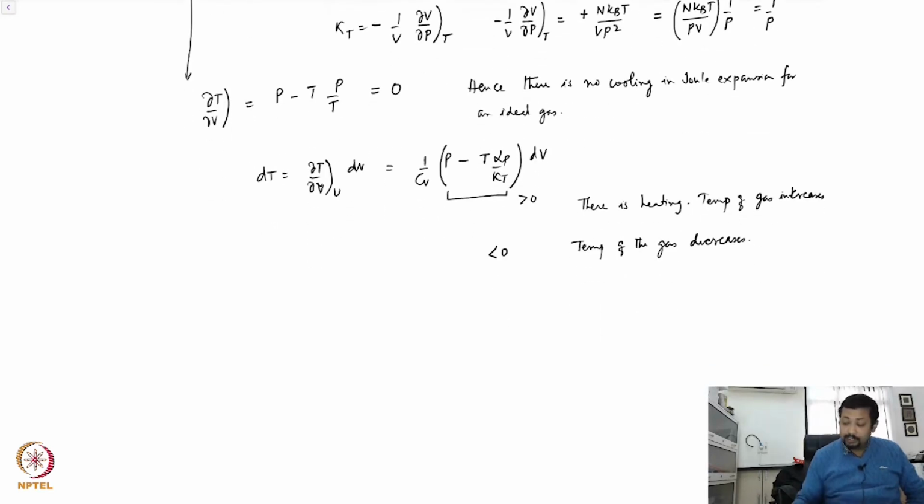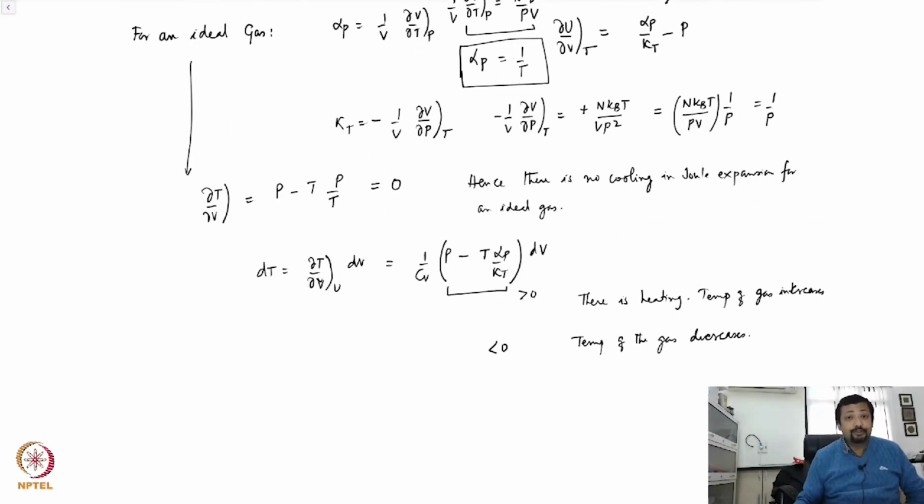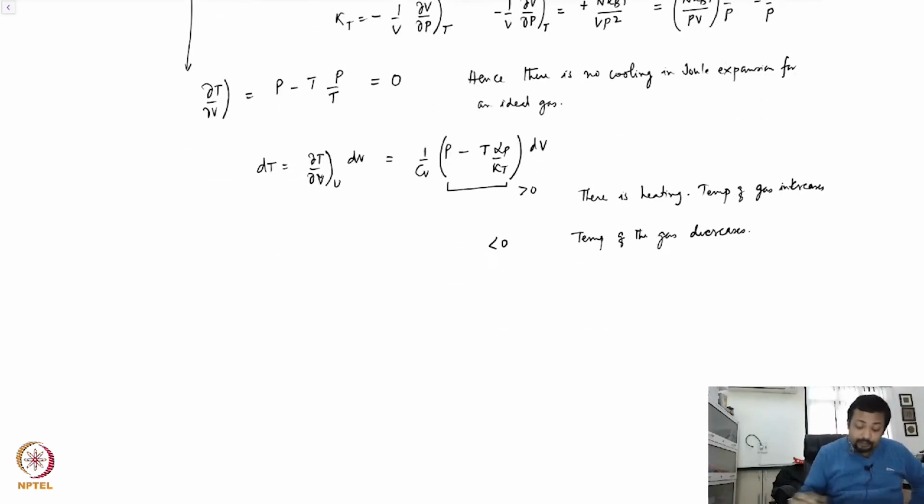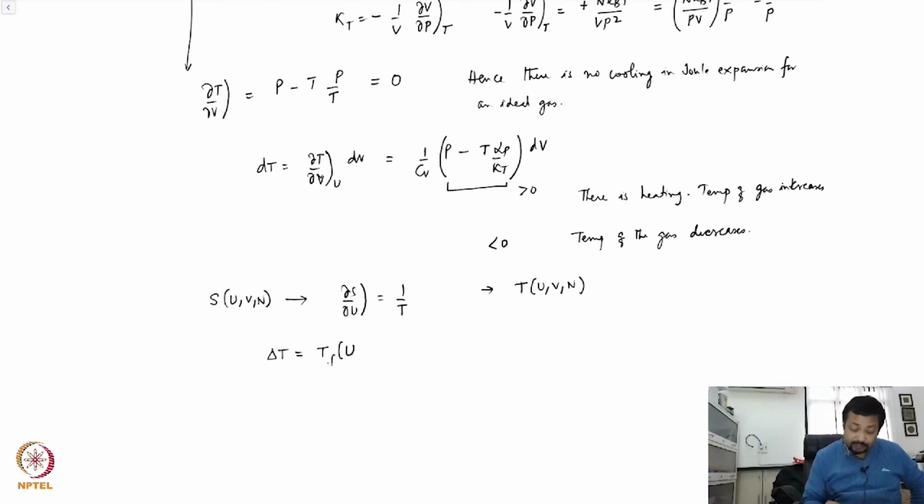Right? So this is how you deal with this system if you do not know the fundamental relation. If you know the fundamental relation, which is S as a function of U, V, N, what you can do here is take the derivative ∂S/∂U to give you 1 over T, so that you can know T as a function of U, V and N. In which case your ΔT is going to be T(U remains fixed, V_f, N) minus T(U, V_i, N).